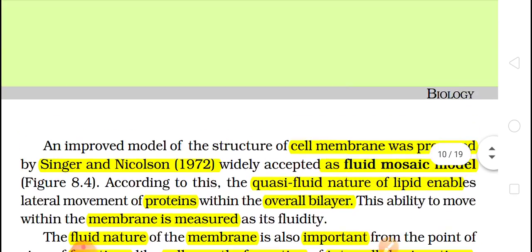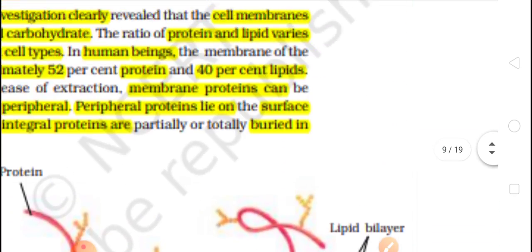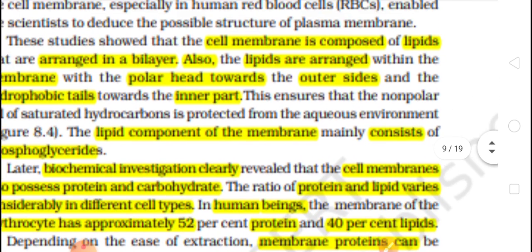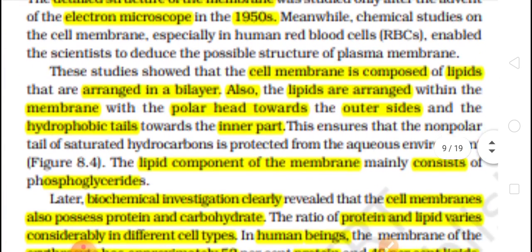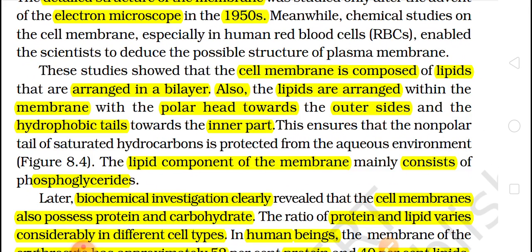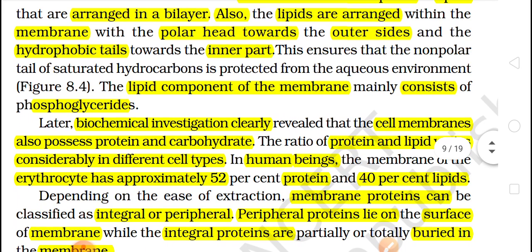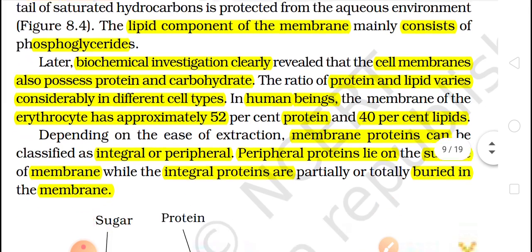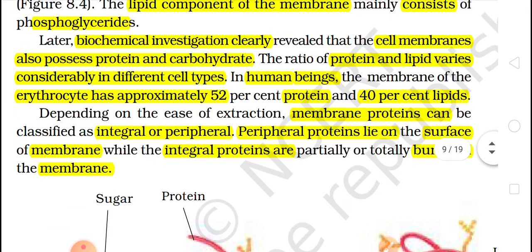We recall some important points of the plasma membrane. Children, it consists of two layers of lipids, that's why it is a bilayer, and it also has proteins, the peripheral and integral proteins. The proteins and lipids vary from cell to cell.